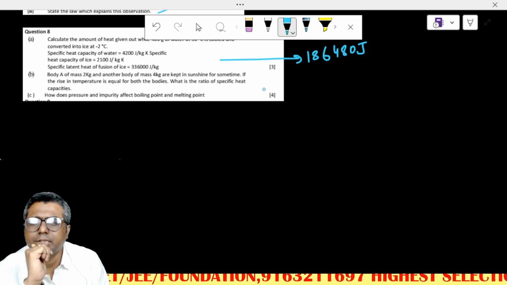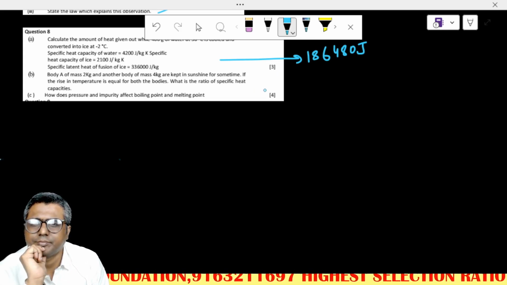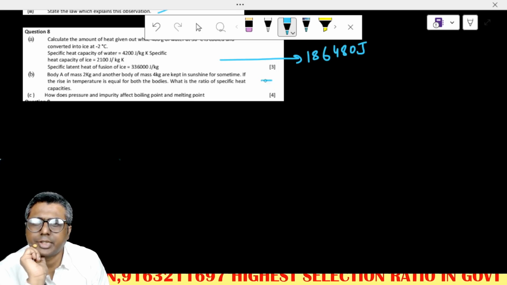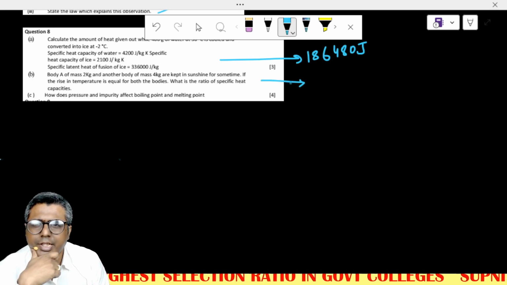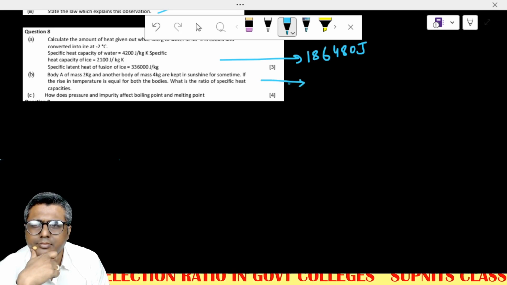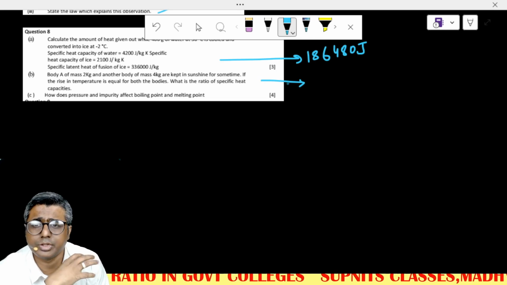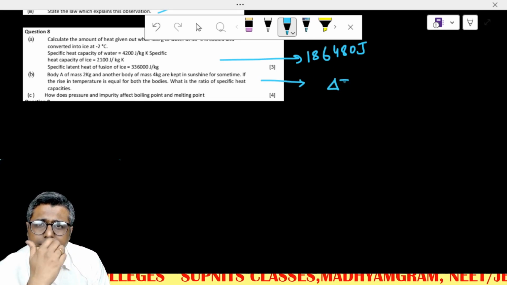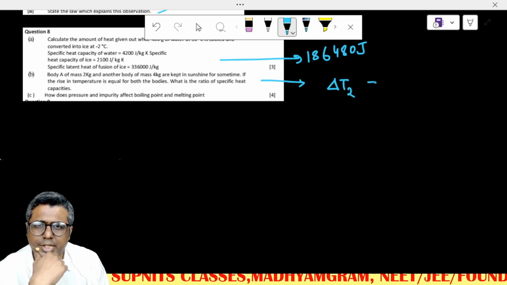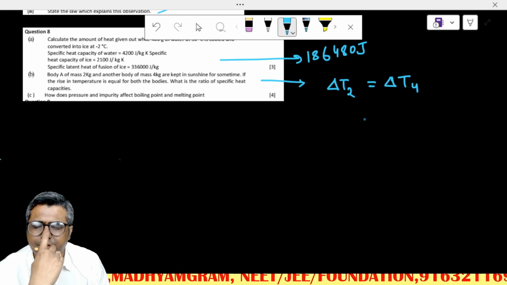Body of mass 2 kg, another body of mass 4 kg, kept in sunshine for some time. If the rise in temperature is equal for both, okay, so that means delta T of 2 kg and delta T of 4 kg is same. Okay, no problem.